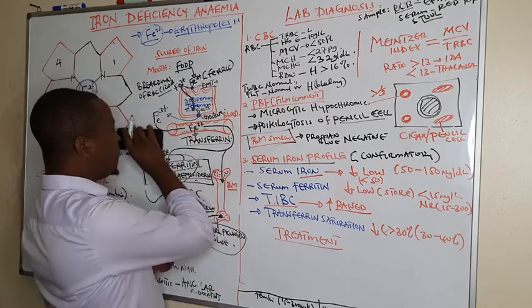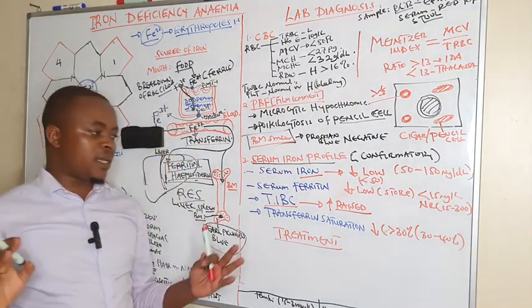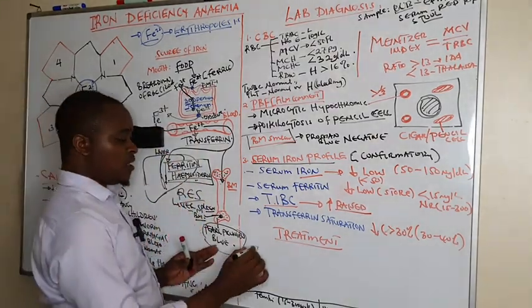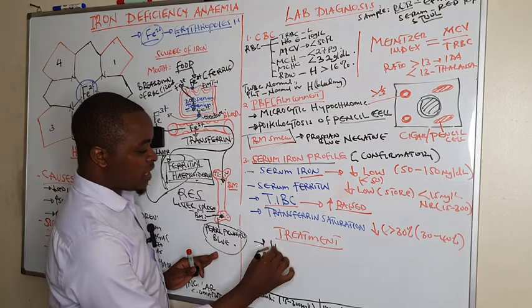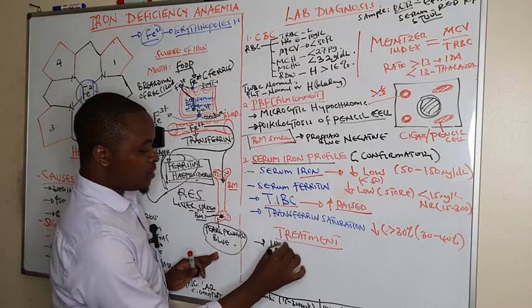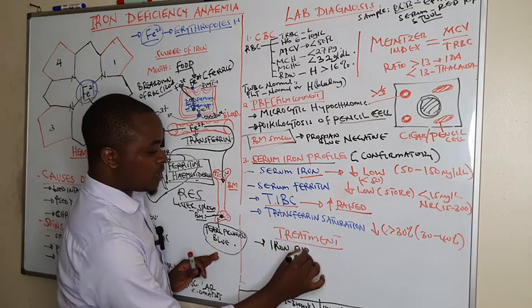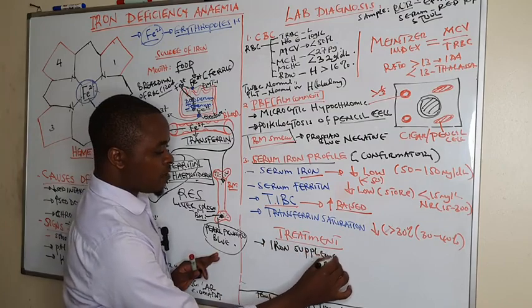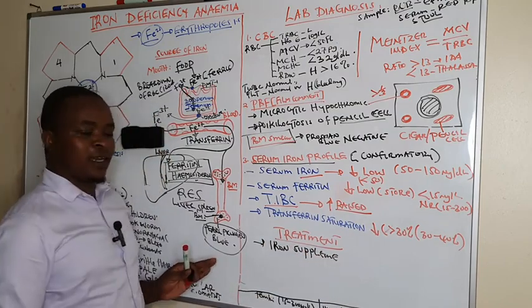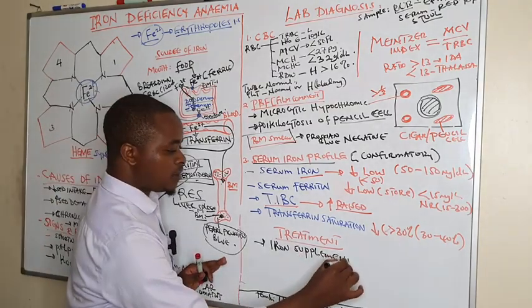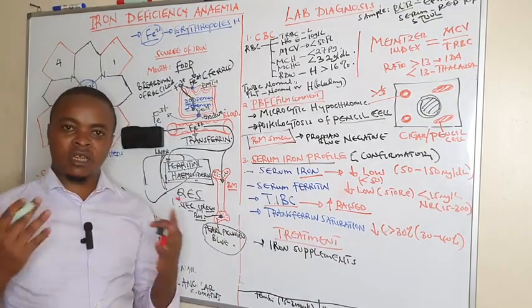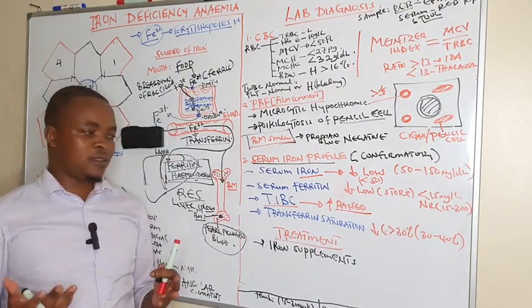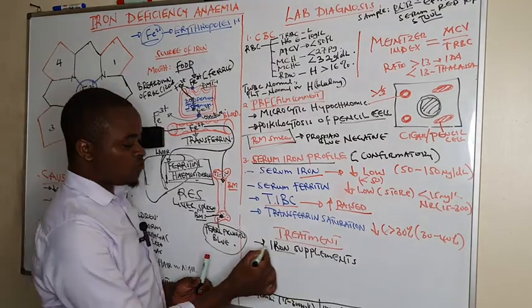Lastly, under iron deficiency, we can discuss also treatment. Treatment is majorly knowing the cause. Apart from giving iron supplements like ferrous iron supplements, there are many tablets called hematinics. These ones are being used to treat iron deficiency.